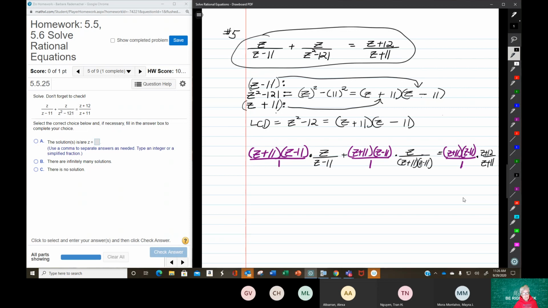Now I get to cancel. z minus 11 and z minus 11 cancel here. And what I'm left with is a z plus 11 and a z, so I'm going to write it right here. Now look at this, z plus 11 and z plus 11 cancel. z minus 11 and z minus 11 cancel. So all I've got is a z.